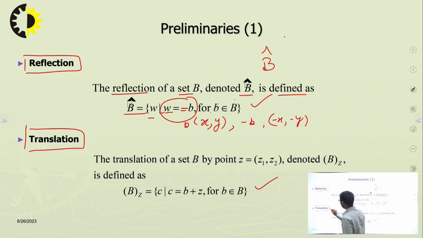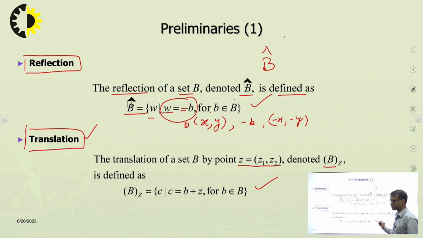Likewise, there is another important primary operation that is used in morphological image processing, called translation of set B. Assume that there is a point z in the space Z, and we want to translate this set B by the value z.